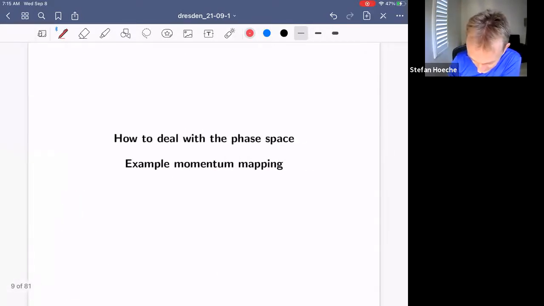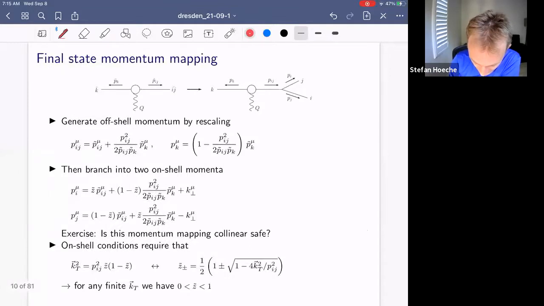Okay, so let's look at the phase space. Let's take an example where we have a particle that I call ij tilde, because later on it will decay into two particles i and j. So these are just labels for my momentum. And we have a particle k tilde. They have some momenta, pk tilde, pij tilde, and we map them to new particles, as I said, i, j, and k.